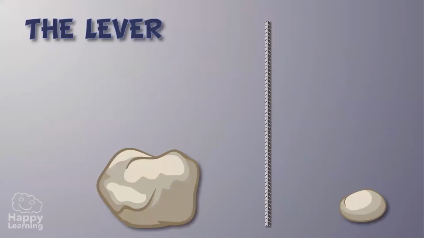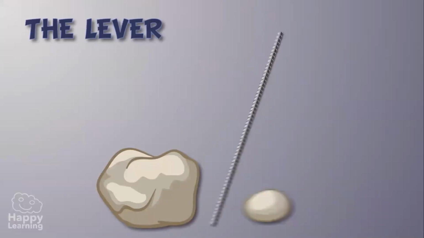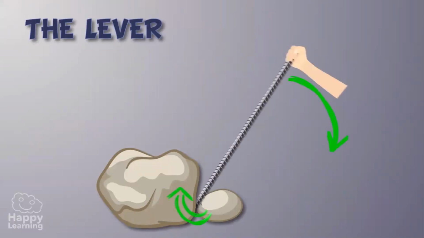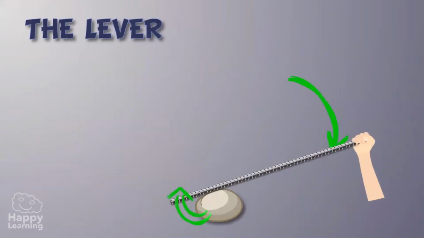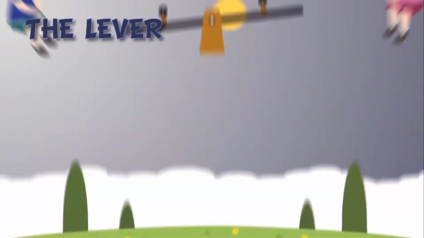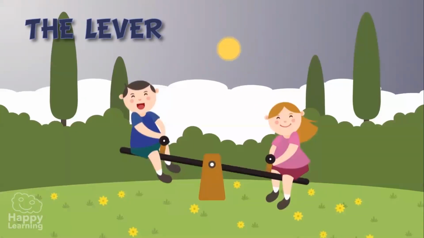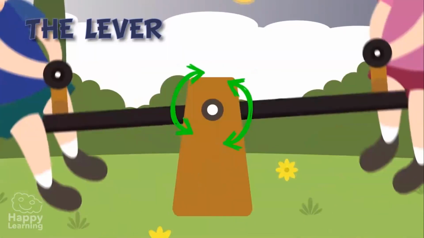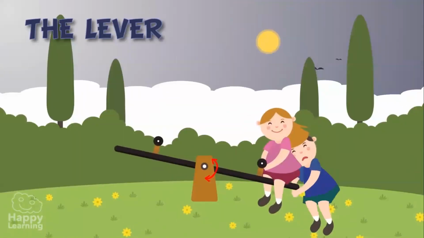Let's see how they work. The lever helps move heavy objects. It consists of a beam, pivoted on a point on itself, just like a seesaw. When we are on one end of the beam, it is not as difficult to lift up the person on the other side, is it? Well, it's definitely a lot easier than having to carry the person in our arms, don't you think?